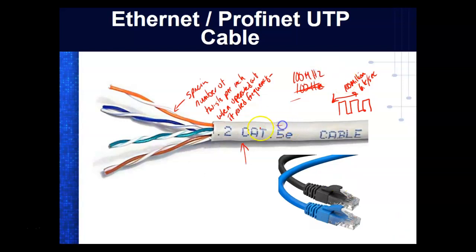Now this is a Cat 5 cable, so these cables are given categories. Basically, the higher the category, the better it operates at its rated frequency. So Cat 5e, this is what we're doing.